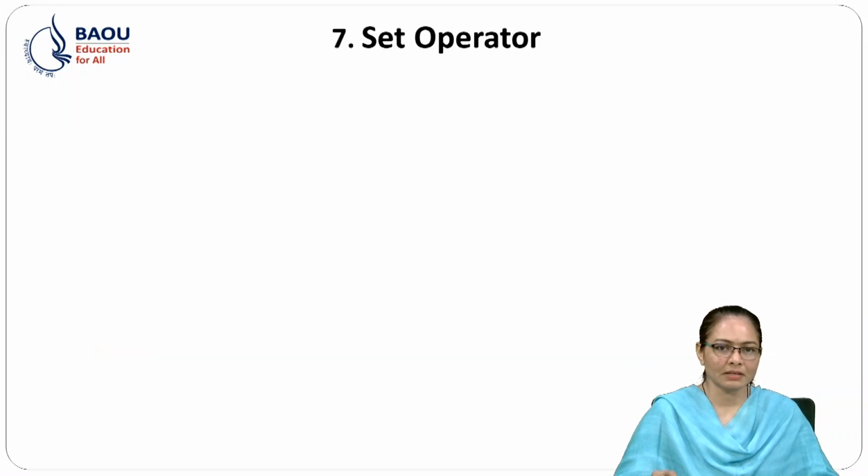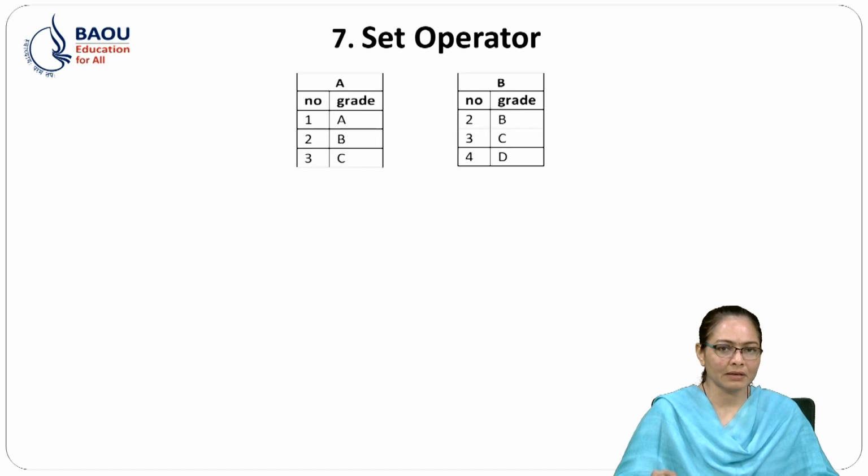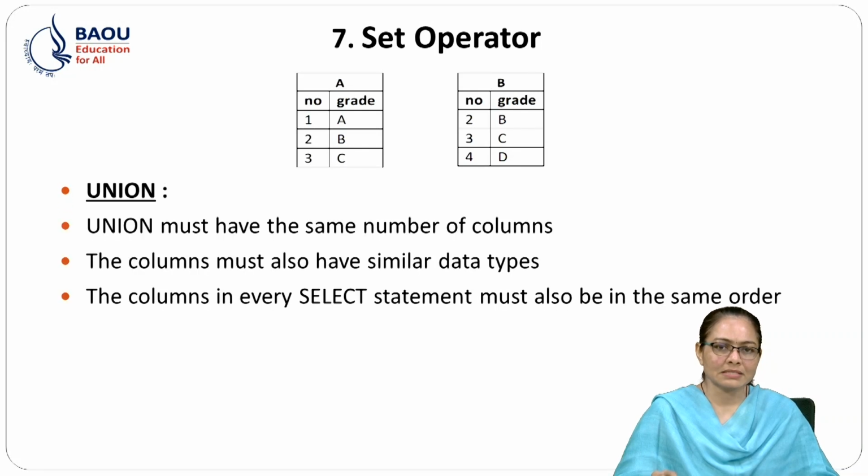See, in the union, here there are two tables A and B. Both tables have the same number of columns and the same data types, but the records are different. See, these are the three rules. Union must have the same number of columns. The columns must also have similar data types.